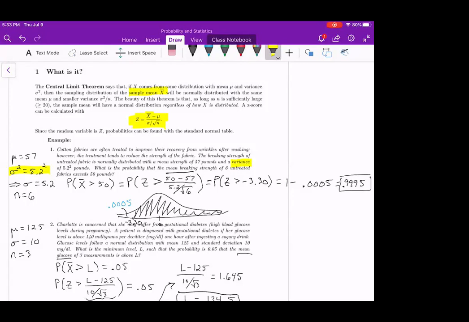Oh. So in short, standard deviation is the square root of your variance, which is why your notation is sigma for standard deviation, and variance is sigma squared.